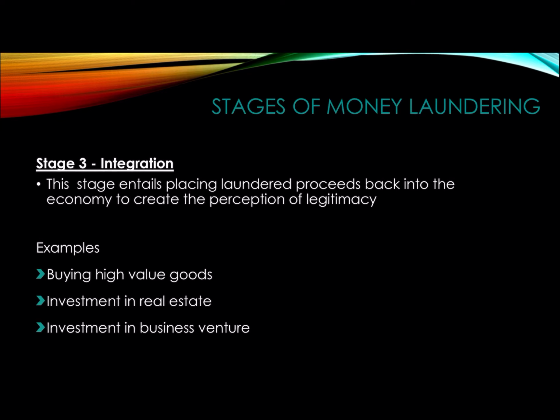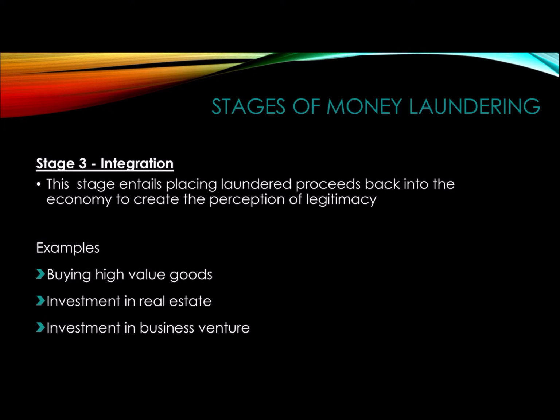And in this stage, what the money launderer would do is consolidate the money which he has introduced, and then he can use that money for buying a high value good or real estate, or maybe he can invest the money in any business venture. So that's all about the three stages.